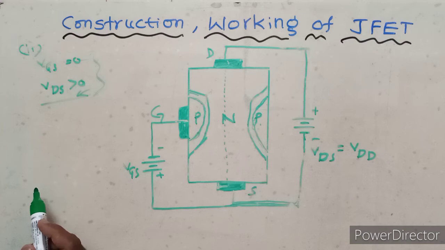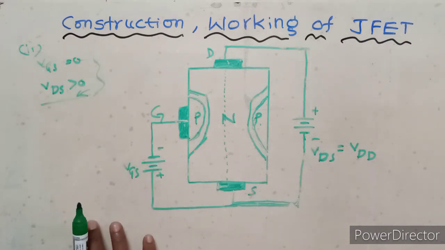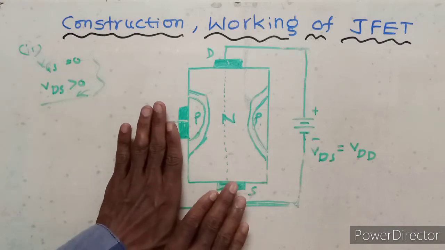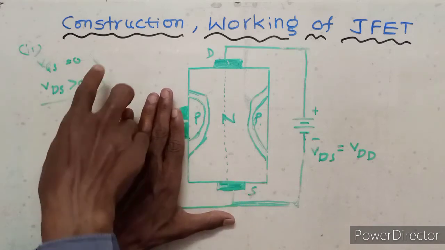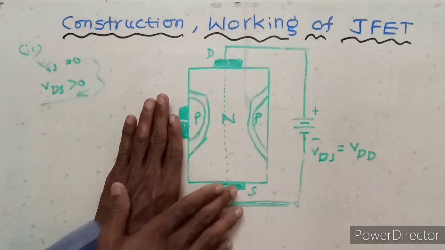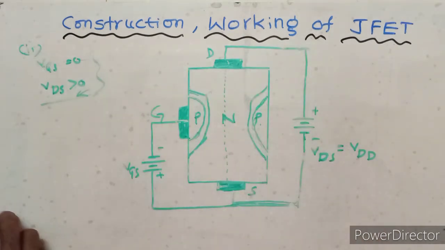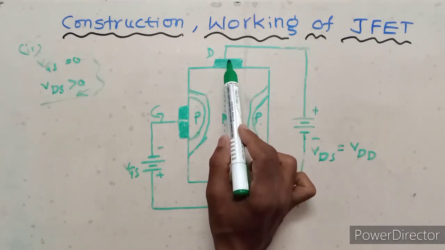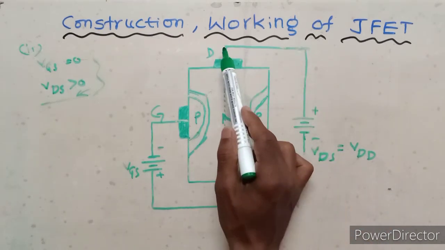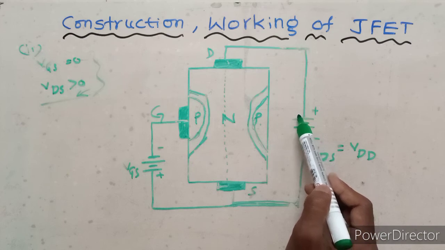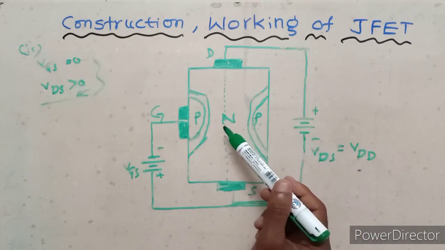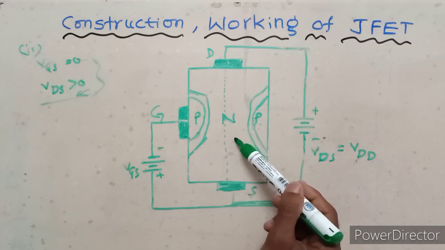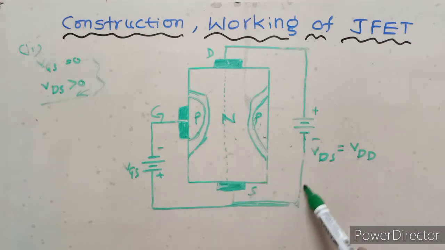Here only this connection exists. In this case, the drain is positive with respect to the source. Now the majority charge carriers, electrons, flow through the n channel from source to drain.